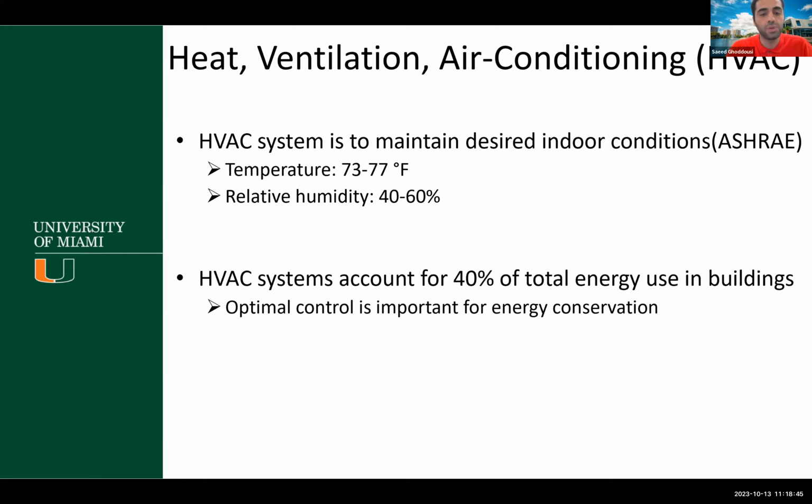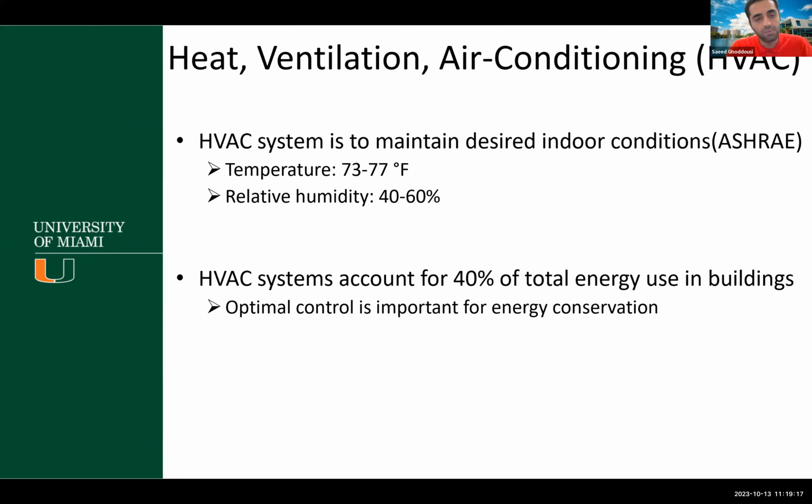By controlling the indoor air temperature between 73 and 77 degrees Fahrenheit, and relative humidity between 40 and 60%, based on the ASHRAE standards, we have indoor comfort conditions. ASHRAE is the American Society of Heating, Refrigeration, and Air Conditioning Engineers, which provides these standards. In the HVAC area, our goal is to control this temperature and relative humidity.